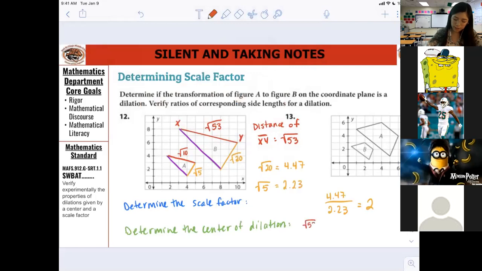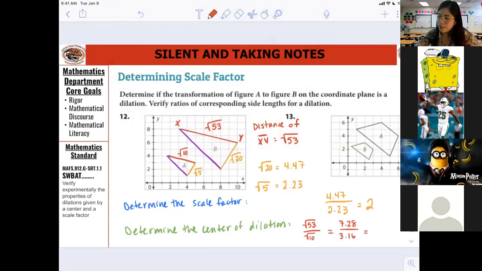Calculate, you can do it in your calculator. Square root of 53. What's the square root of 53? 7.28. What's the square root of 10? 3.16.